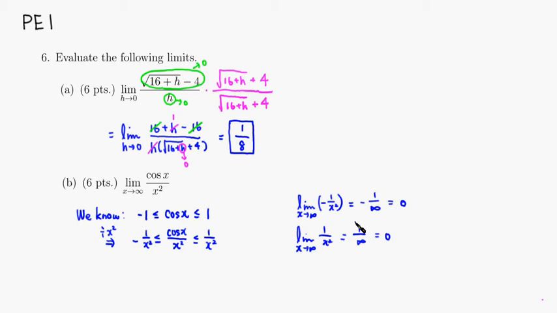Therefore, by squeeze theorem, since the smallest guy goes to 0, and the largest guy goes to 0, which is the same number, the middle guy has to go to 0. So we can say by squeeze theorem. Alright, that's it. I hope that this was clear.